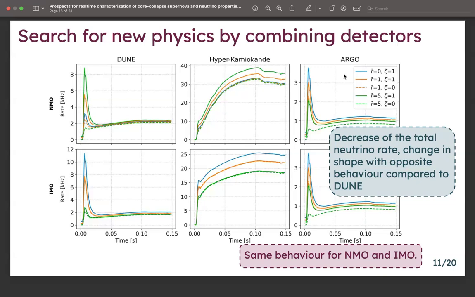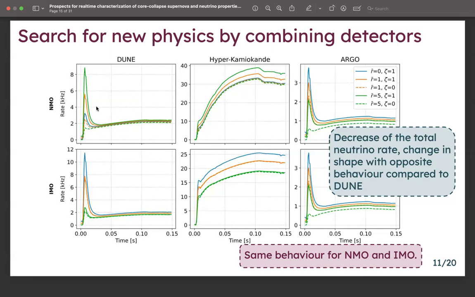One example that I wanted to show you here is that imagine that in truth we had this scenario where R is 1 and Z is 0. If we only had DUNE, we would confuse this with an NMO and a standard model.